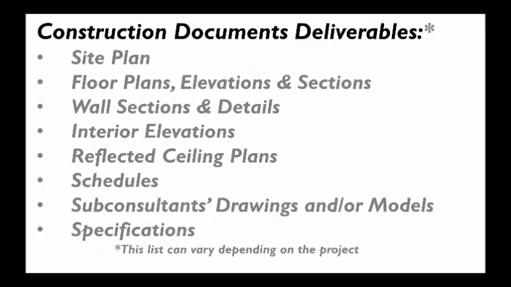That might include wall sections, details, interior elevations, reflected ceiling plans, which basically just says, okay, we're making plans of the ceiling, and schedules, which means kind of these things that look like Excel spreadsheets that have information about the materials and different objects on the projects. All of the subconsultants' drawings fully coordinated, and the specifications fully written out and addressing all of the materials on the project. And this list is certainly not exhaustive.